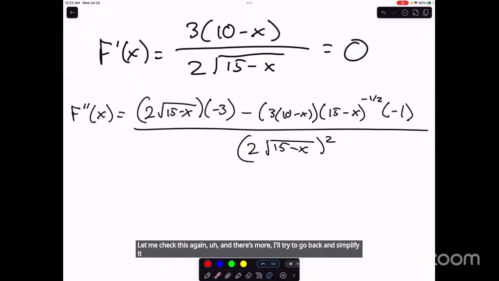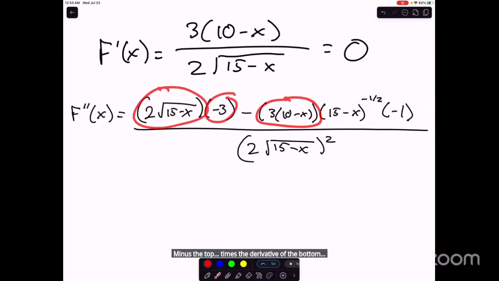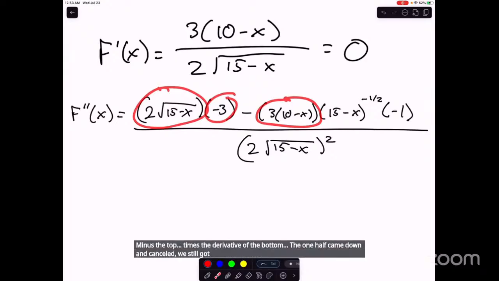This one, sometimes the second derivatives can be a little bit extra. So the bottom times the derivative of the top minus the top times the derivative of the bottom. The 1/2 came down and canceled. We still got the 15 minus x to the minus 1/2 times the derivative of the inside.